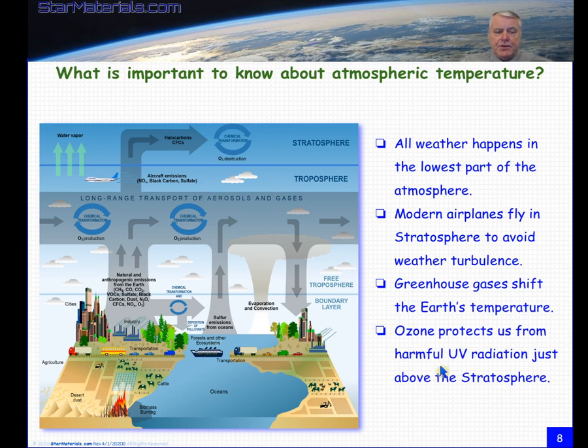Then you have the ozone layer, which protects us from harmful ultraviolet radiation just above the stratosphere. So knowing how the Earth works makes us better stewards of the Earth, so we can make it a better place to live.